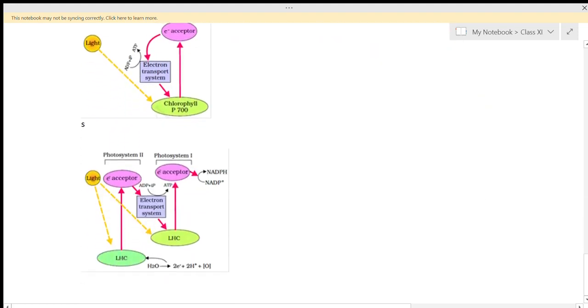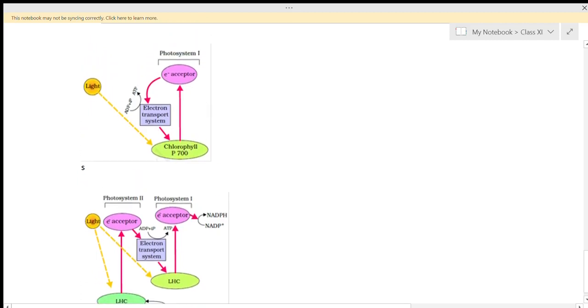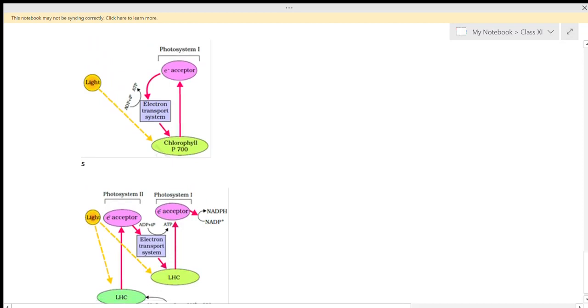And here the sketch is there, cyclic and non-cyclic. So in the cyclic, what happens? It takes place in photosystem 1, where 700 nm light is absorbed by P700.